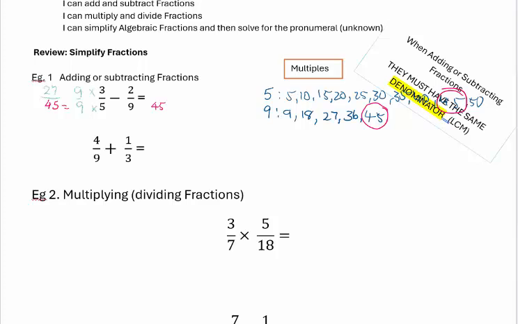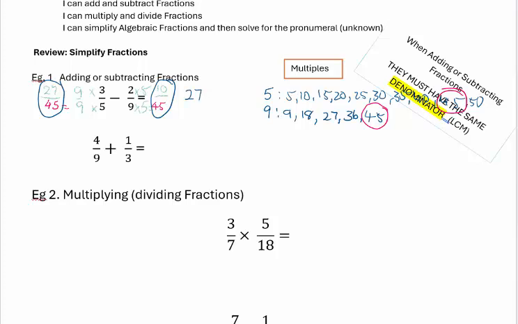For the 9, what am I multiplying it by? 5. Law of the universe says whatever I do to the bottom, I must do to the top, so that's going to be 10. Now I'm going to rewrite my equation using my equivalent fractions.